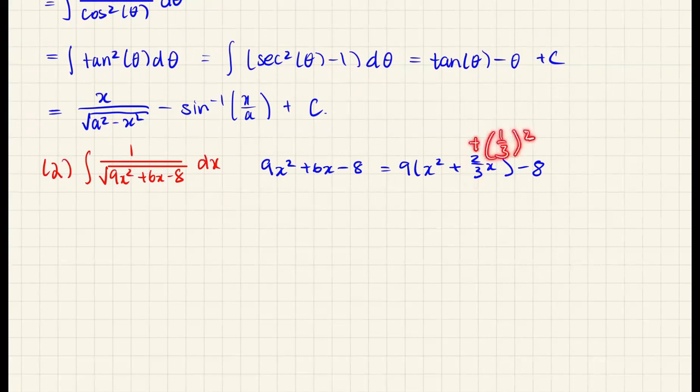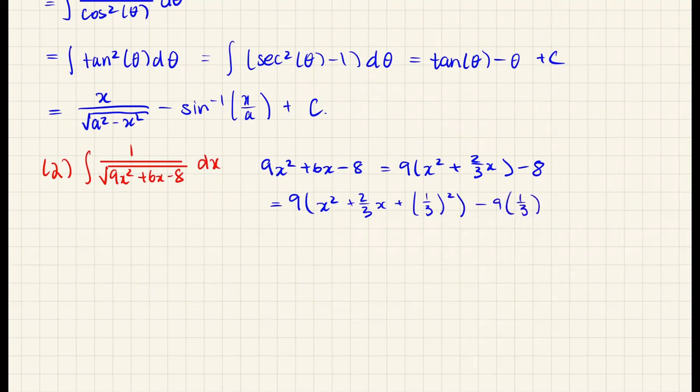So I have to add and I have to subtract it. So that means here I have 9 times (x squared plus 2 over 3 x plus 1 over 3 squared) minus 9 times 1 over 3 squared, and then minus 8.